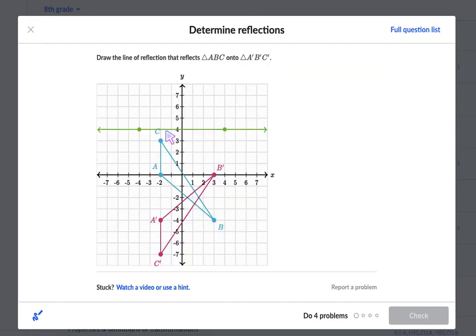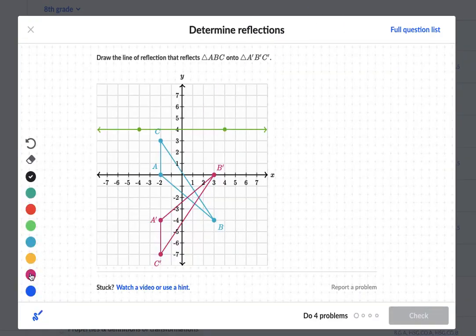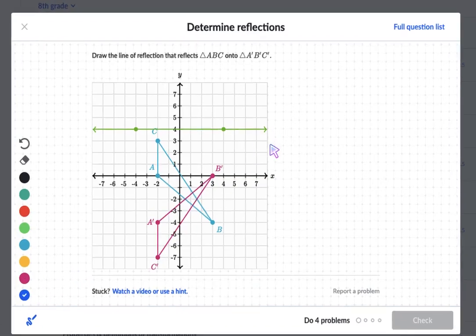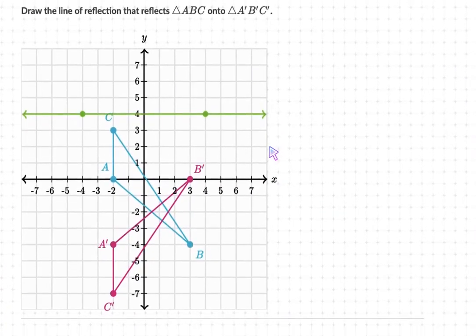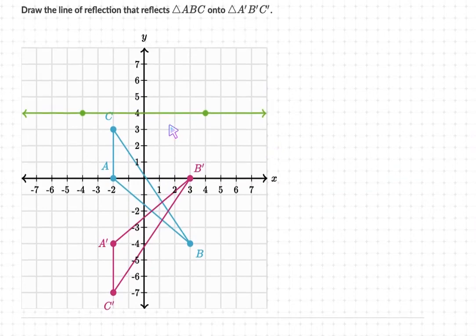And then the last type of problem that you could be asked to do is basically they give you a reflection and you have to figure out where the line of reflection was that created this reflection. So for example, this problem asks you to draw the line of reflection that reflects triangle ABC onto triangle A prime, B prime, C prime.